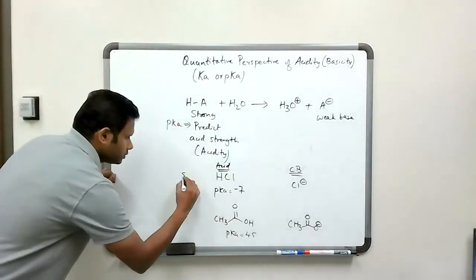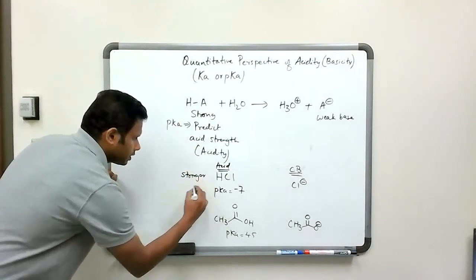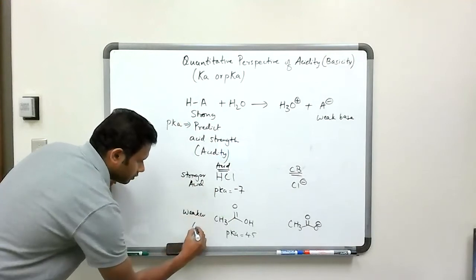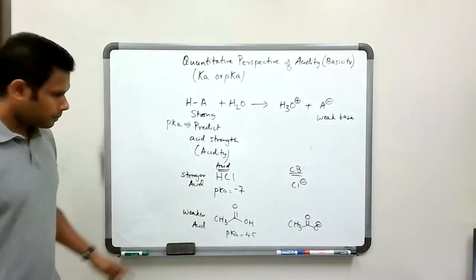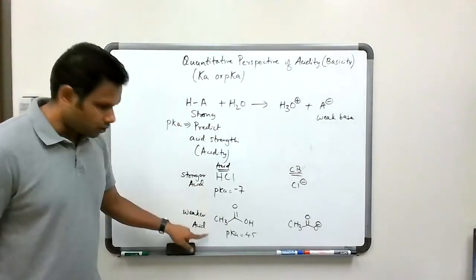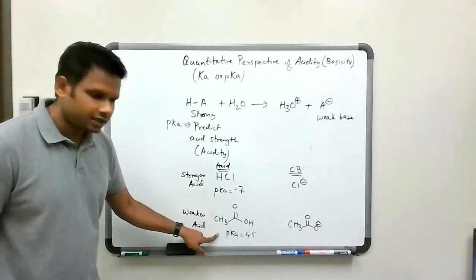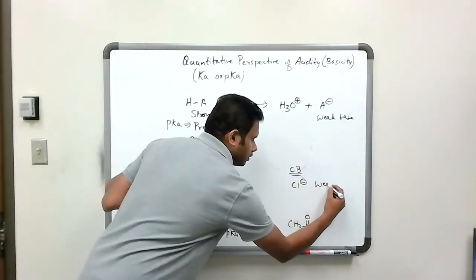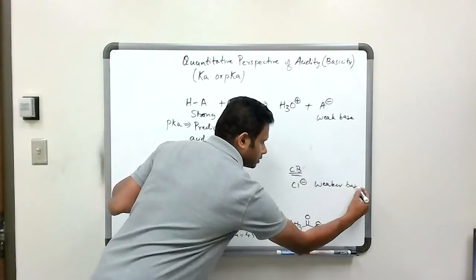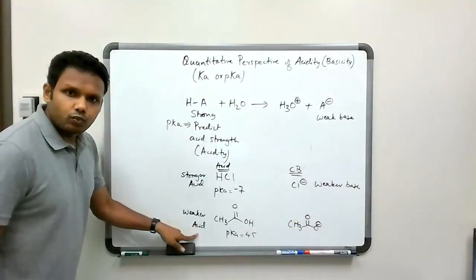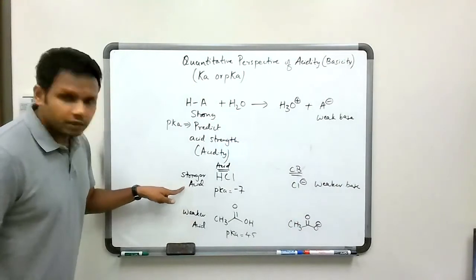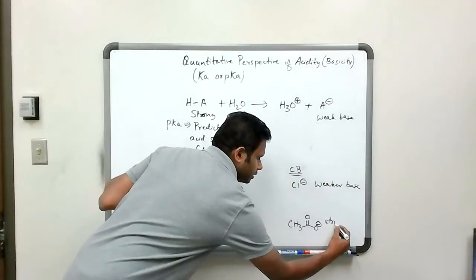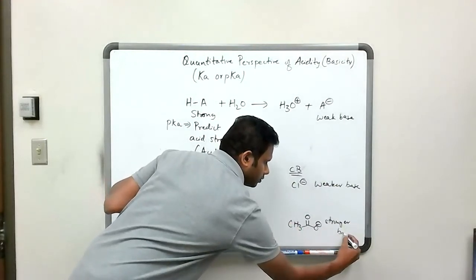Because HCl is a stronger acid relative to acetic acid, its conjugate base should be a weaker base, and since acetic acid is a weaker acid relative to HCl, its conjugate base should be a stronger base.